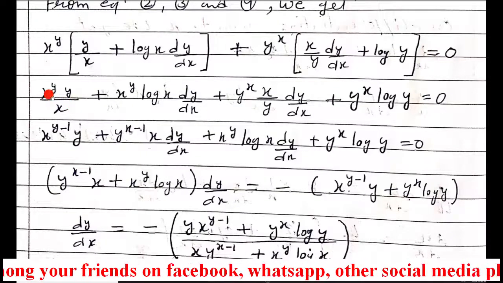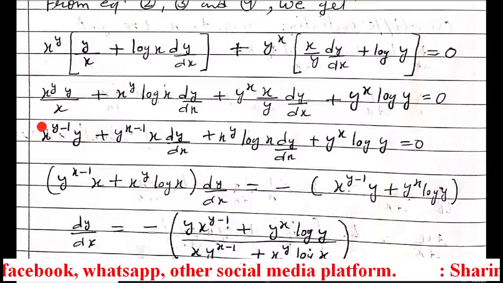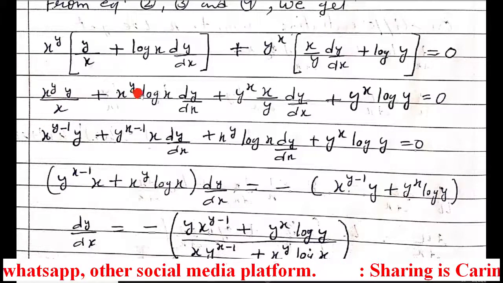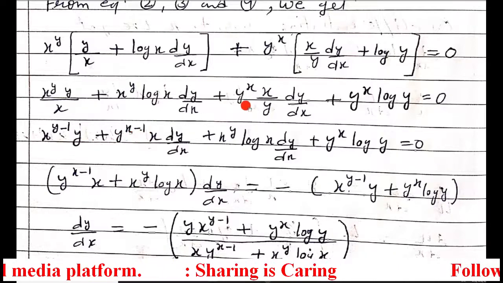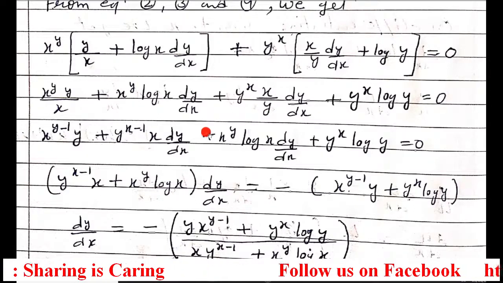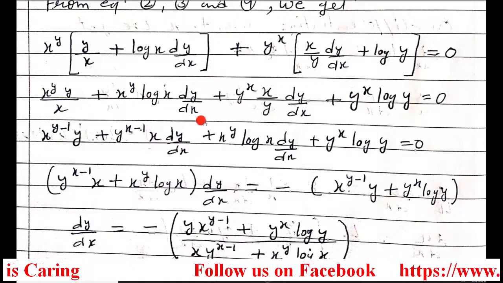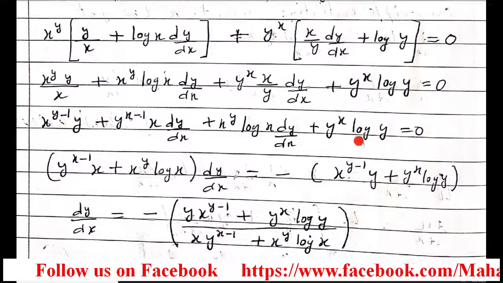So here, since these both x are in divide, the power will get minus. So y minus 1 came here, and along with it I wrote this term y to the power x, and this y is in divide, so their powers got subtracted, and with that this term I wrote as it is and this also as it is.